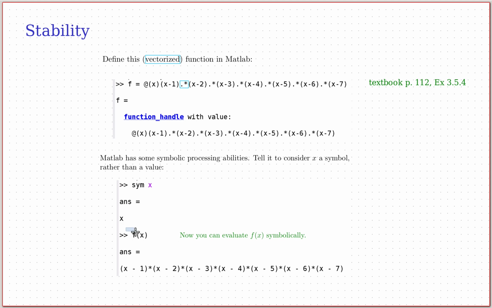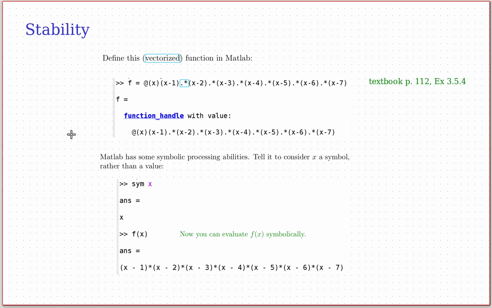It will just treat it as a symbol. So now, when I evaluate f of x, instead of trying to find the numerical value of x and plug it in, it simply returns a symbolic expression. F with the symbol x plugged into it looks like this. You can also ask MATLAB to perform certain symbolic operations on symbolic expressions. So for example, as this function was defined, it was written out as a product of 7 binomials like this.